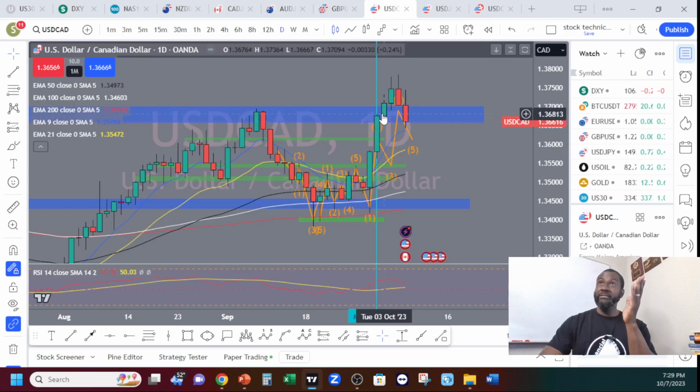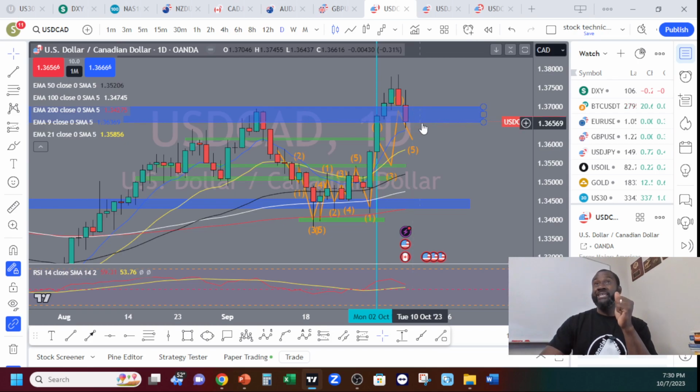Monday, Tuesday, Wednesday, price broke this, and Thursday price started coming down, and Friday price closed here at the daily level. Price broke the level as a resistance, came back to test it as a support, and price closed right here.